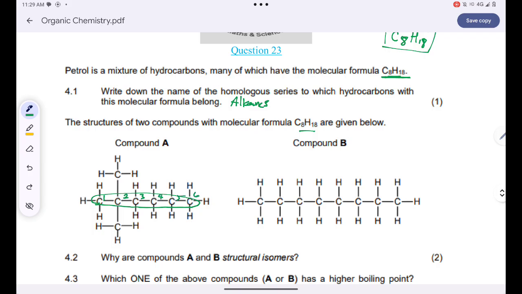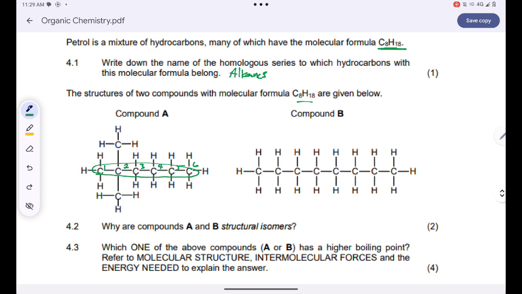The IUPAC name for this will be 2,2-dimethyl, and on my parent chain I have 6 carbons, so this will be hexane. For compound B, I only have a straight chain hydrocarbon, carbon number 1, 2, 3, 4, 5, 6, 7, 8. This is just octane.